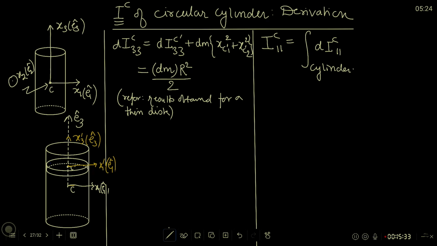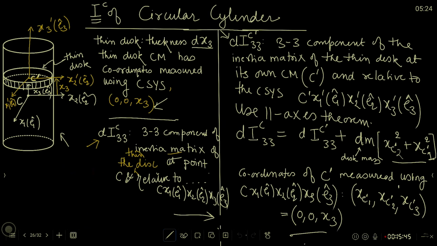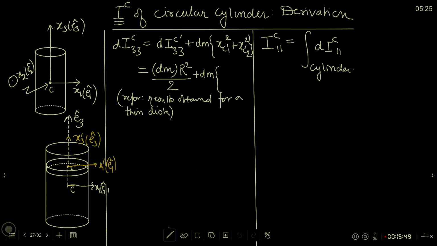And this is dM times the coordinates 1 and 2 of the center of mass. Both are 0 here, so these are just 0, no contribution. So dIC33 is just dM R square by 2.